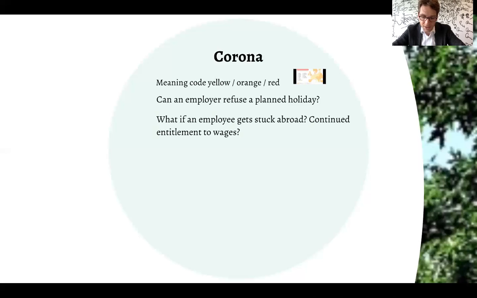Fortunately, we haven't had to deal with a pandemic before, but it is very important that if you would like to be able to call upon these salary measures, you pre-inform the employees of your view on this, right? So have a communique in place stating what the consequence will be, if holidays are granted, of being stuck abroad and not being able to continue your work.